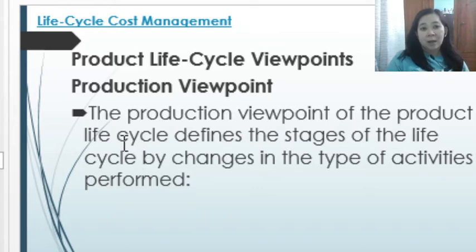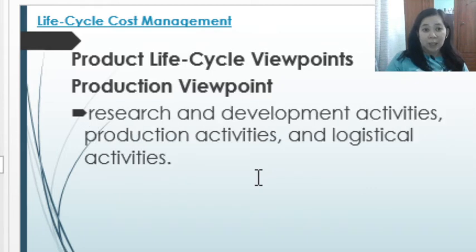What about the production viewpoint? Here, the production viewpoint of the product life cycle is the stage of the life cycle defined by changes in the type of activities being performed on it. It can include activities such as research and development, production, and logistical, transportation, or distribution activities.